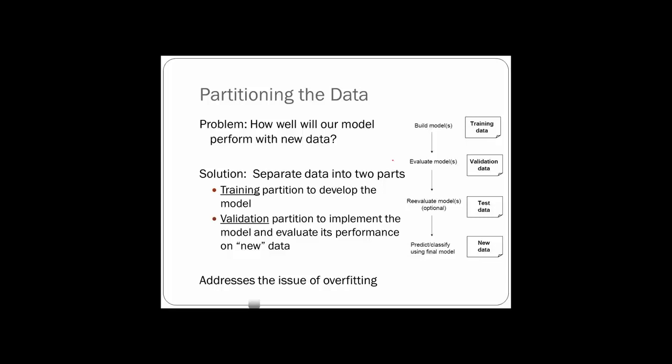And so the error that shows up in the validation data set will typically be bigger than the training data set. And that's okay. In fact, that's good because it tells us that the model we used was overfit.